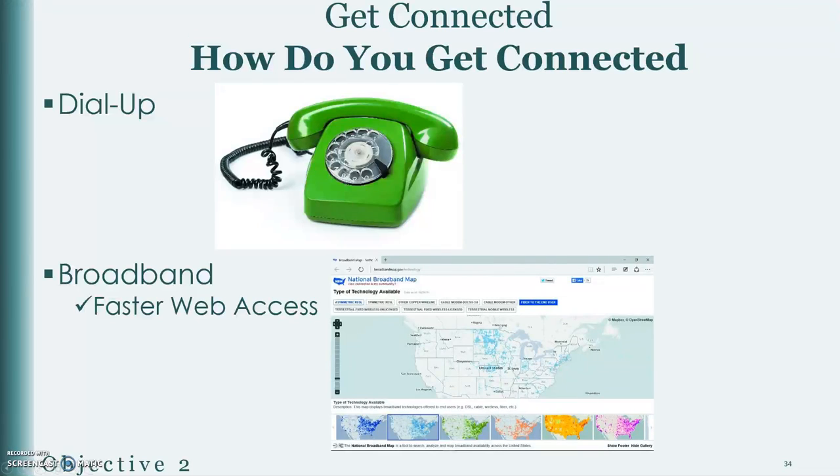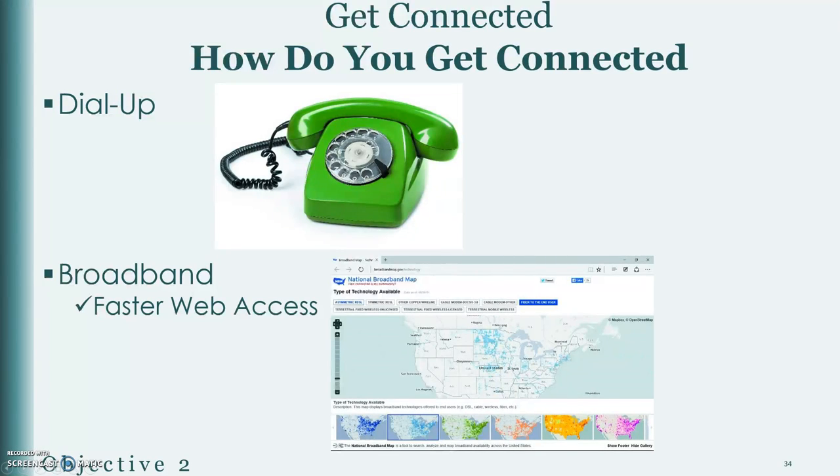Broadband connections include cable, DSL, and fiber to the home. So that would be like your fiber optics. Cable internet is offered through your cable TV provider, and that one has speeds from like 1 to 150 megabits per second.